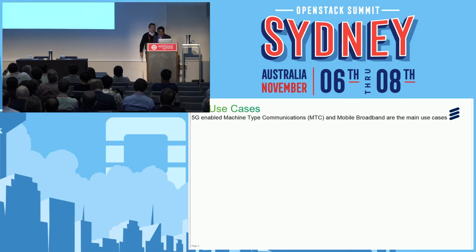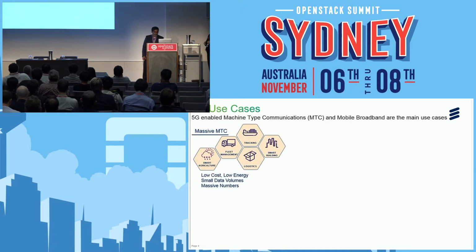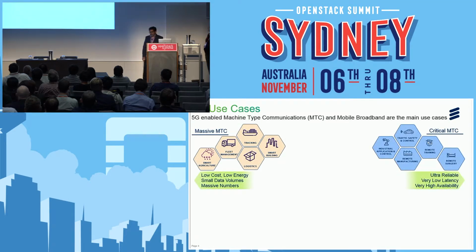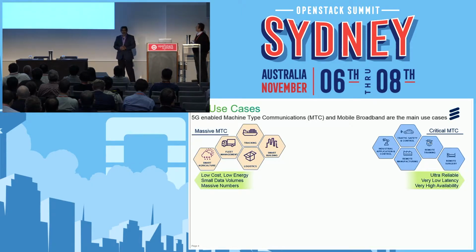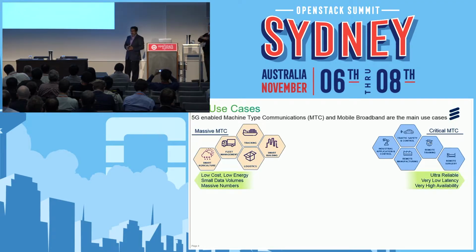Thanks, Itai. To continue with the story, we're now looking into how to make this relevant for the edge cloud. If you look at the use cases, we have the massive MTC, the machine type communications, which has low cost and low energy. It has small data volumes, but they're very large in numbers.